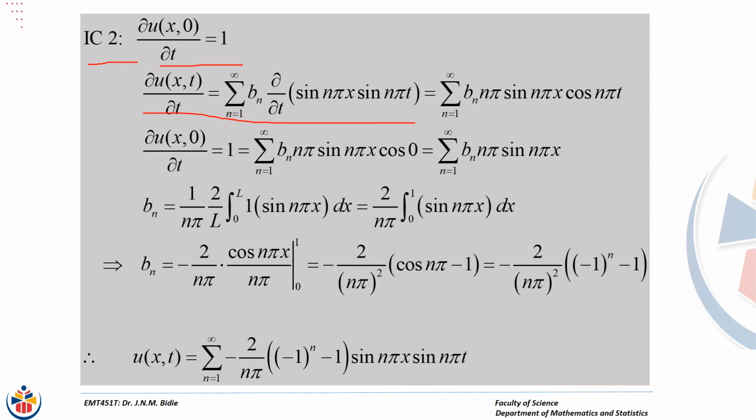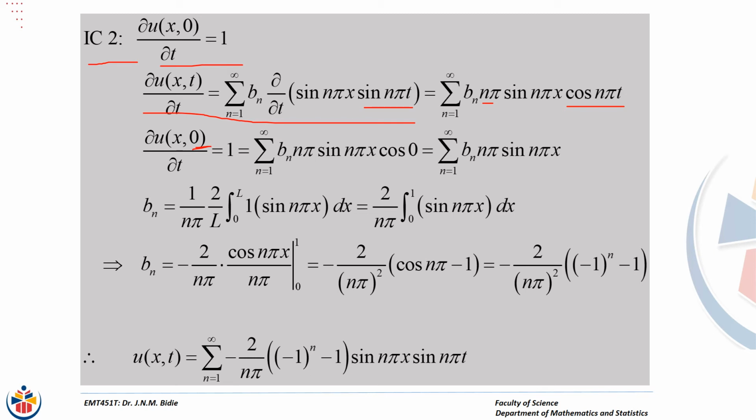And I'm hoping you're noticing that we'll only differentiate sine n pi t. And it gives us n pi cos n pi t. And then thereafter, we substitute the value for t equal to 0.